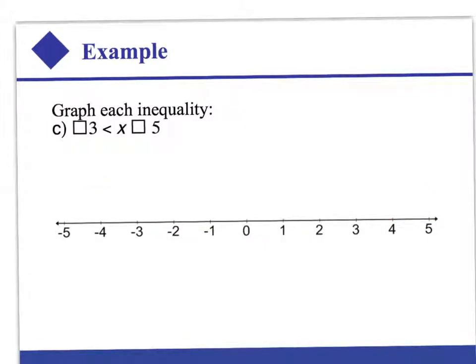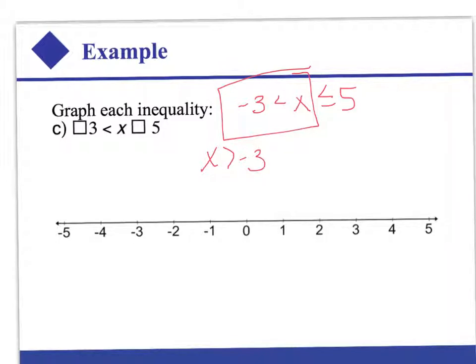Now, number 5, part C, has a couple of different things. It has negative 3 is less than x, and then it also has x is less than or equal to 5. So I'm going to break this up into two inequalities. The first one I'm going to change, because we practiced some of this, remember? x is greater than negative 3, and then I'm going to leave this one as it is, x is less than or equal to positive 5.